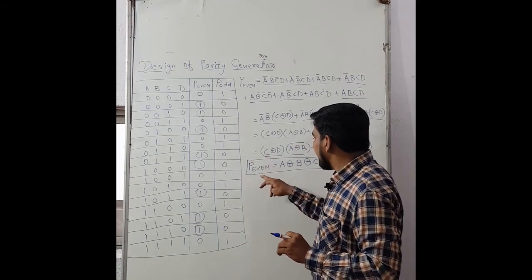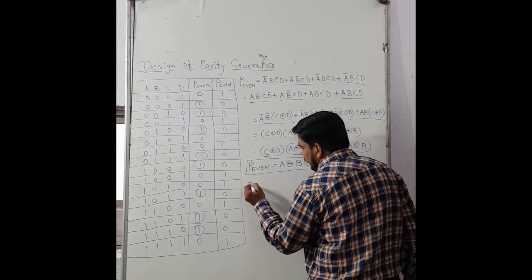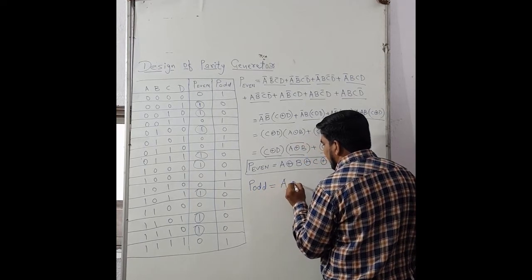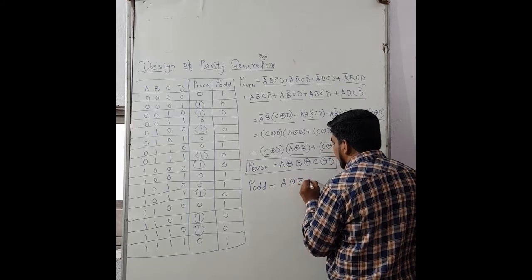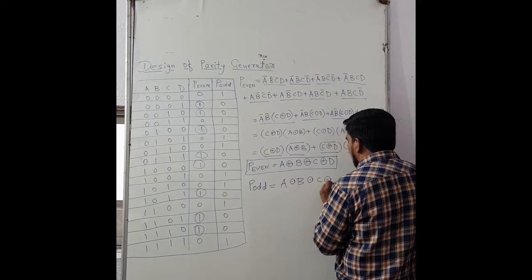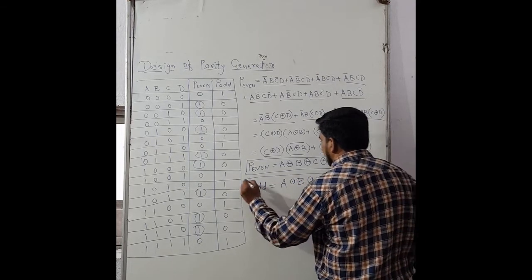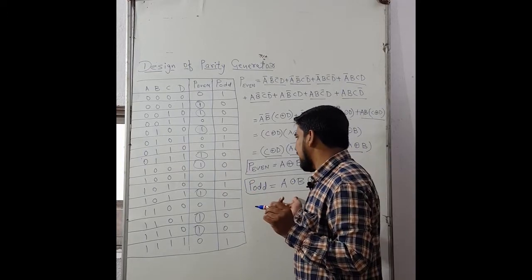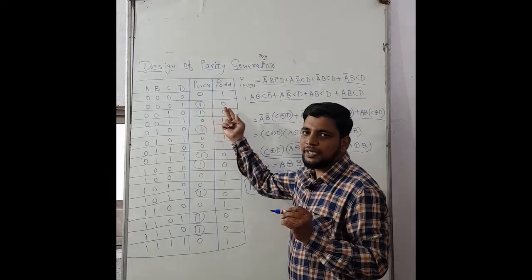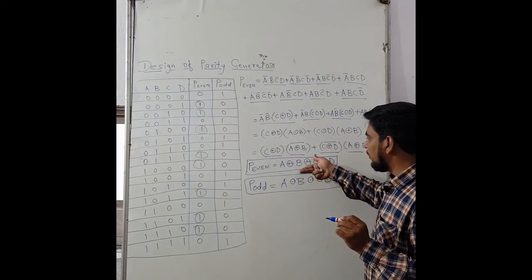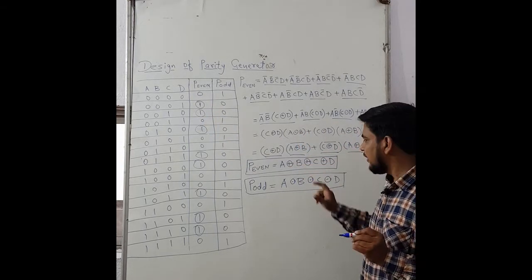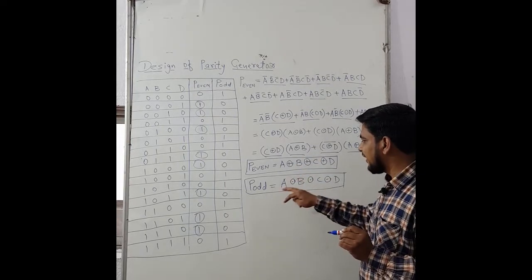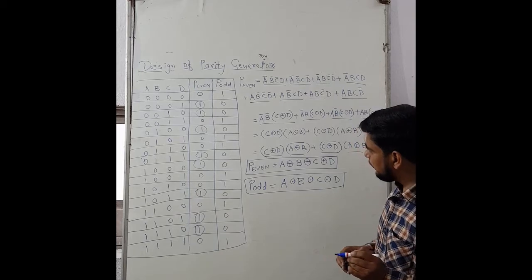So we can directly write the output expression of p of odd as a XNOR b XNOR c XNOR d. Directly we can write the expression, as we know that the complete truth tables are complementary of each other. So the complement of p of even is p of odd. What is the complement of XOR? XNOR. That's why we have directly written the output expression for p of odd.